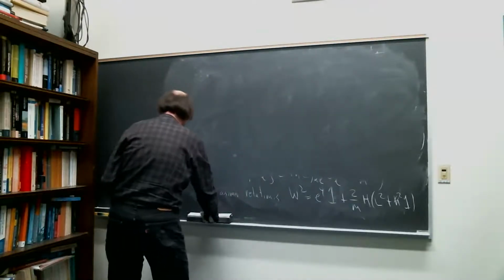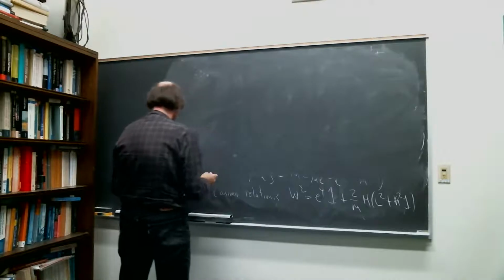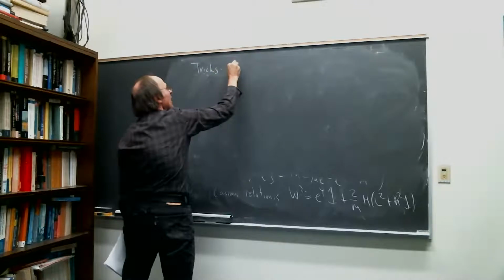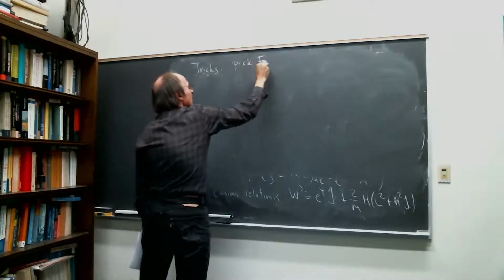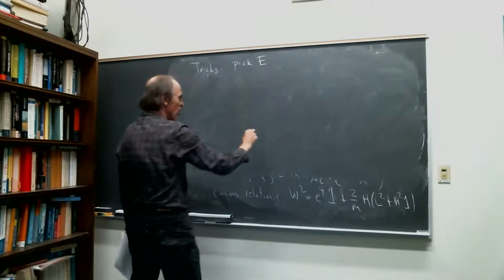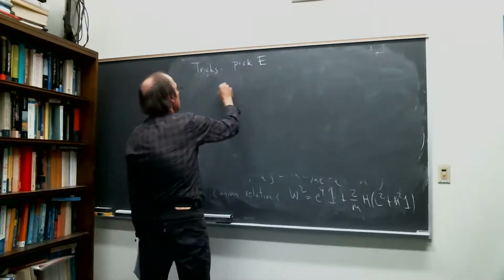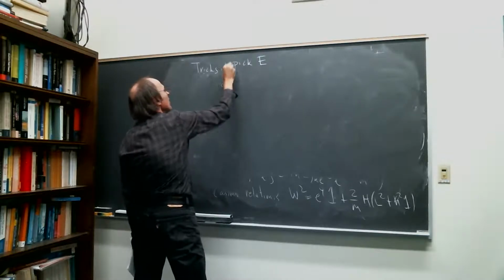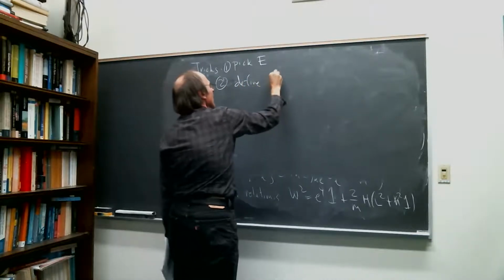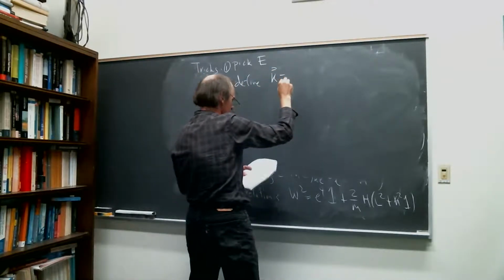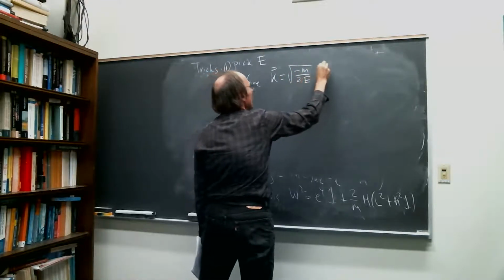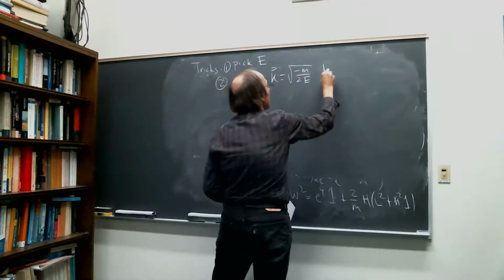So the tricks. One is to pick a possible energy value E, and then you change the normalization and define K vector, which is square root of minus m over 2E times W vector.